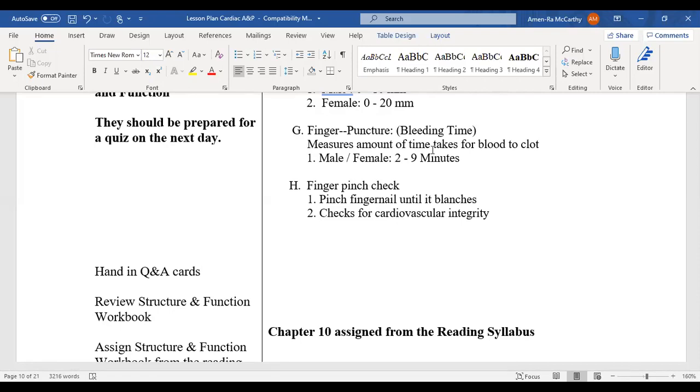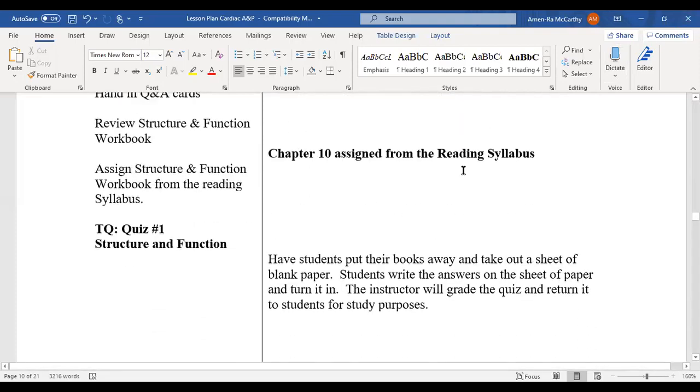So we look for the cardiovascular integrity through the pinch check, the integrity of the systemic blood system, which is the left side of the heart. Okay? If any of these diseases are present on the left side, you may have a problem with the finger pinch check. When we do the finger pinch check, we're checking the cardiovascular integrity, mainly of the left side of the circulation, which is the systemic side of the heart.